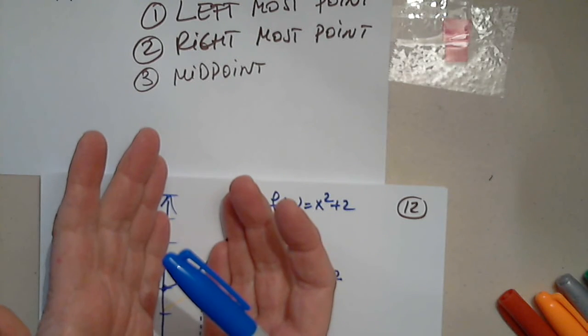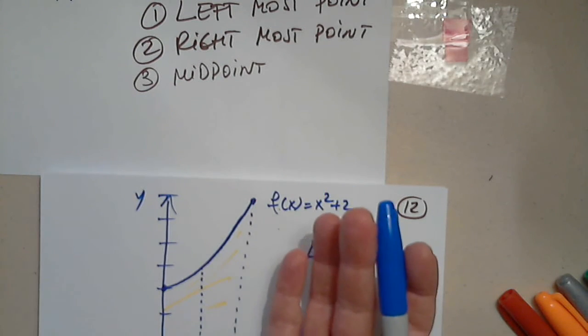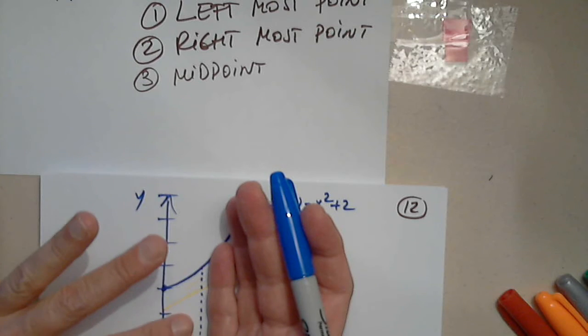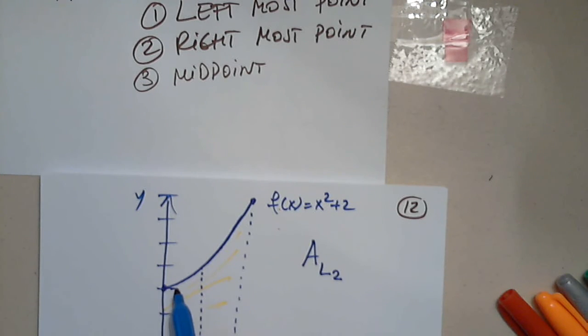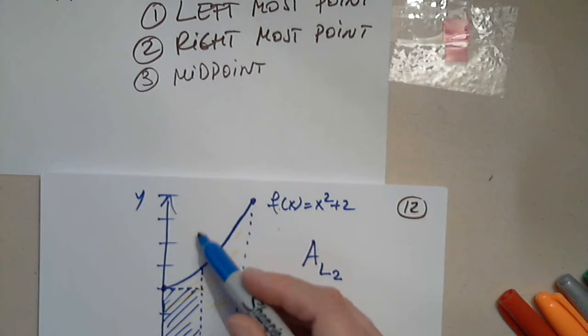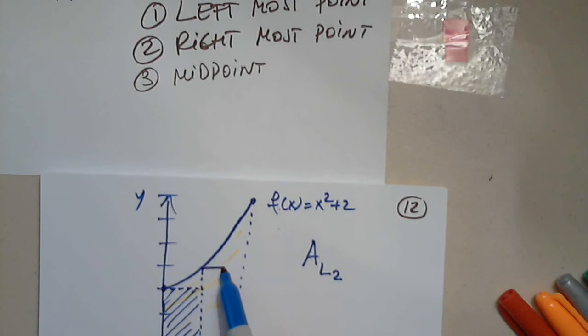On this subinterval, I'm going to approximate the area using a rectangle that has as height the leftmost point of the interval, where the function starts. So this is one area with a leftmost point. For this piece, using the leftmost point, I will have this area.